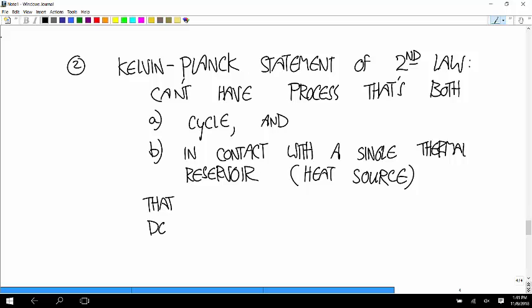That does work on the surroundings, and let's say it does net work on the surroundings.